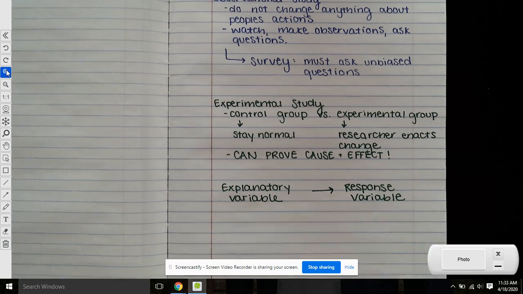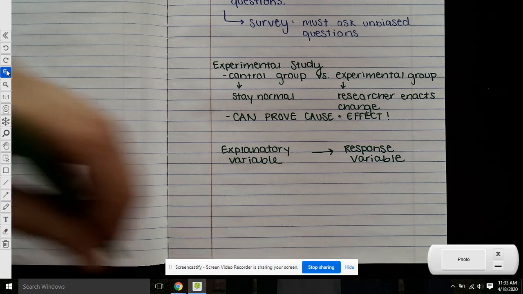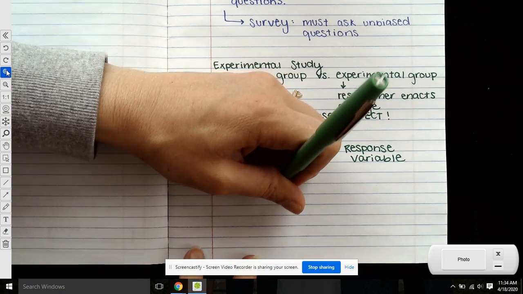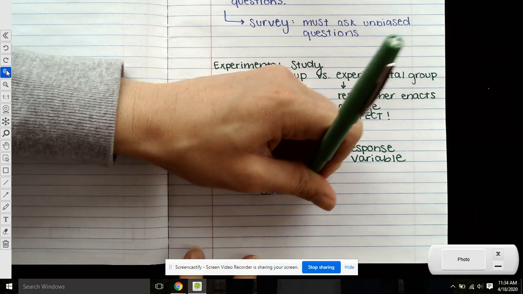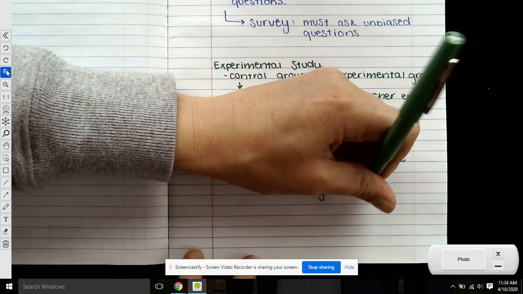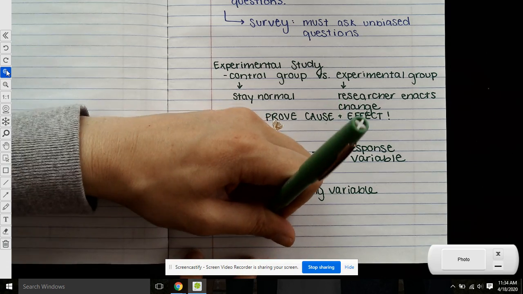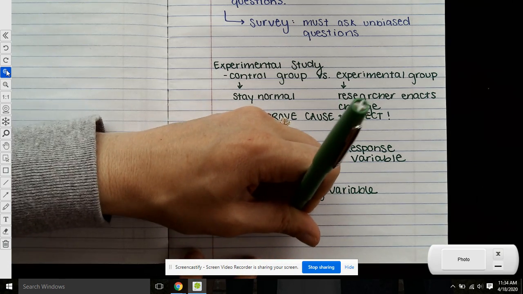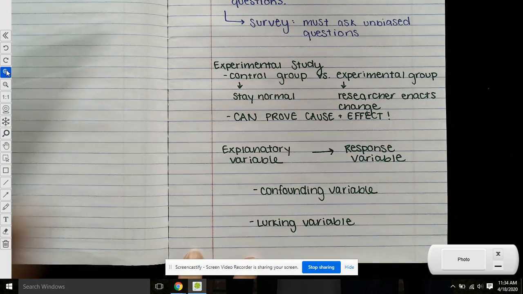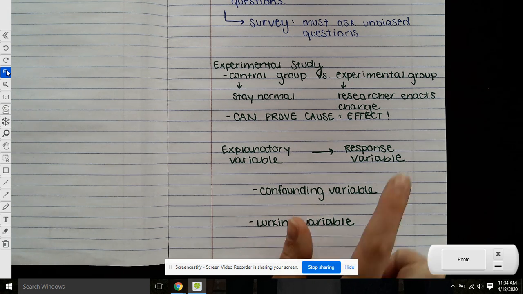There are two other different variables that have effects in experimental studies, and those are called your confounding variable and your lurking variable. Now, your confounding variable is something that you know of that could also affect the response.